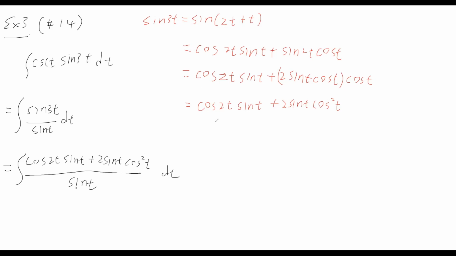Then we can split them up and cross out some stuff. So sine over sine is just 1, leaving cosine 2t, which is pretty easy to integrate, plus 2 cosine squared t dt.